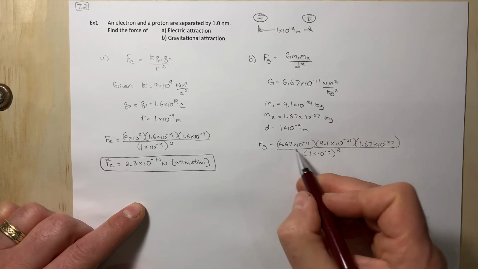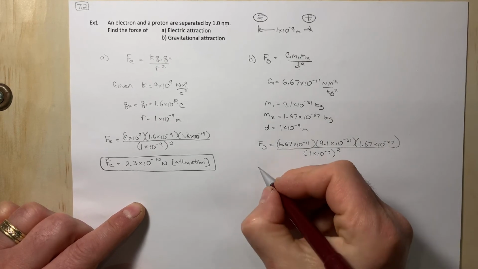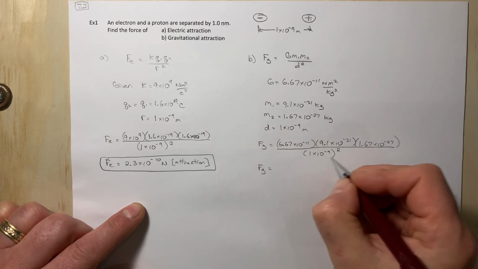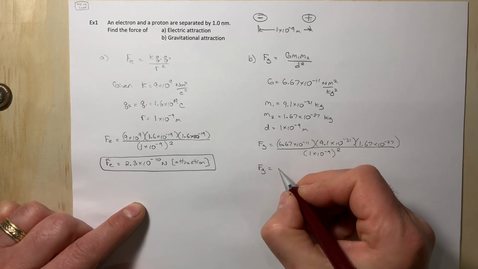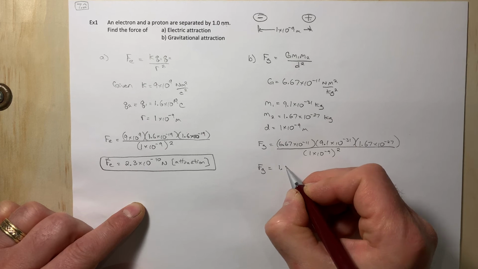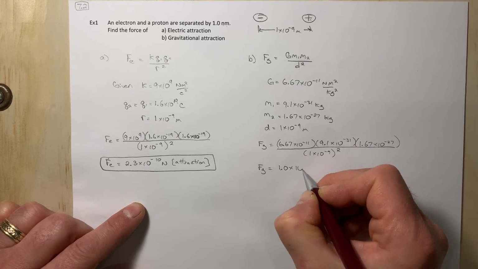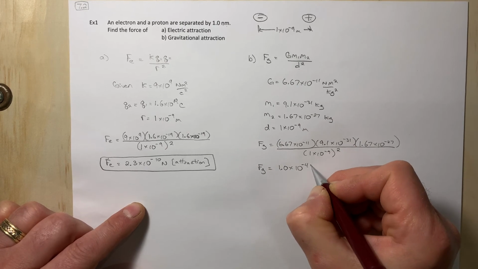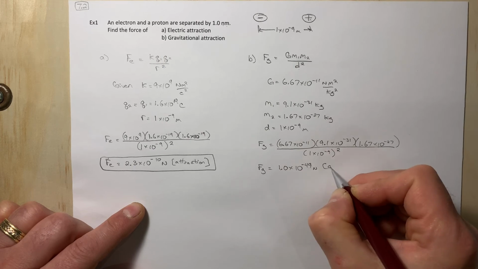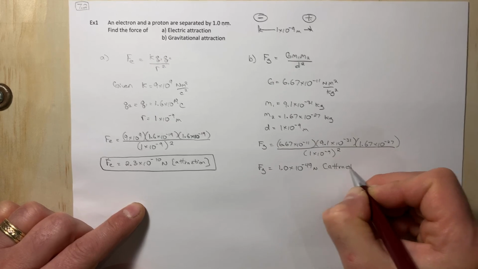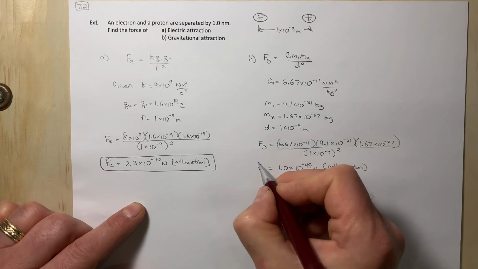And again, don't forget to square it. As you put all this into your calculator, don't forget to hit that squared button for this bottom part. Here we are going to get 1.0 times 10 to the minus 49 newtons. Also an attraction, always an attraction in the case of gravity, but we'll write it anyways.